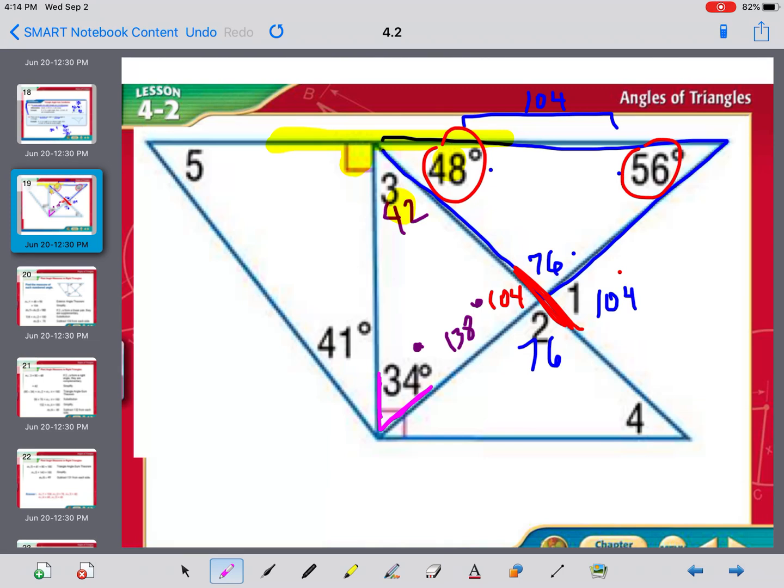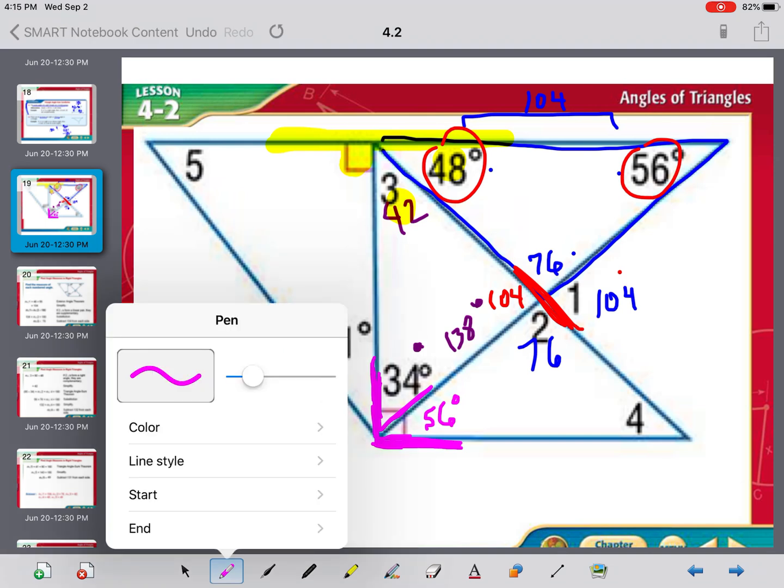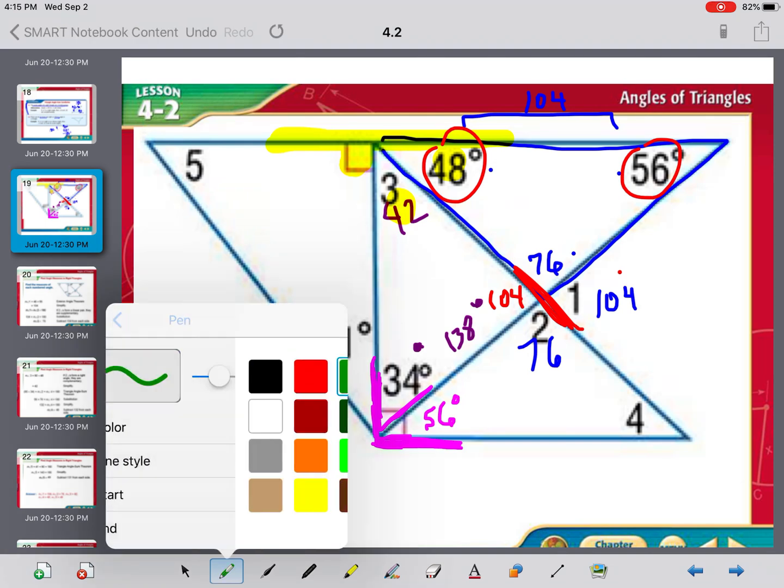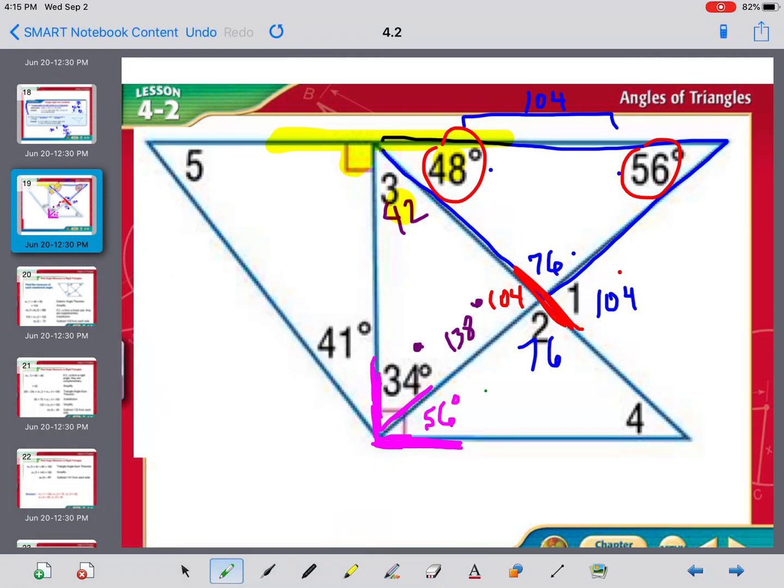So, carrying on, I notice that this is 34. But this whole thing here is 90, which means this piece here is 56, because you got to add up to 90.